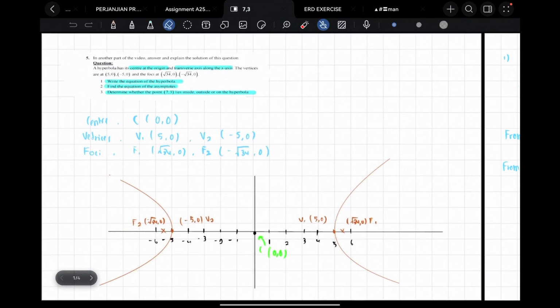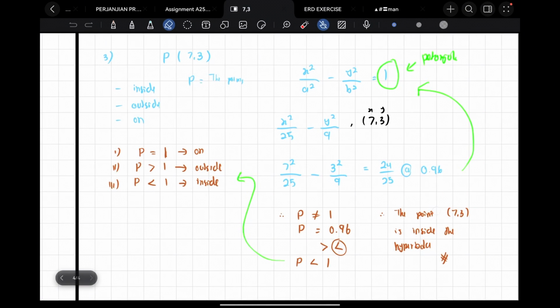Now we move on to the last question, which asks: determine whether the point (7, 3) lies inside, outside, or on the hyperbola. We have our equation for the hyperbola, x squared divided by 25 minus y squared divided by 9. The point is 7 and 3, so 7 is for x and 3 is for y.